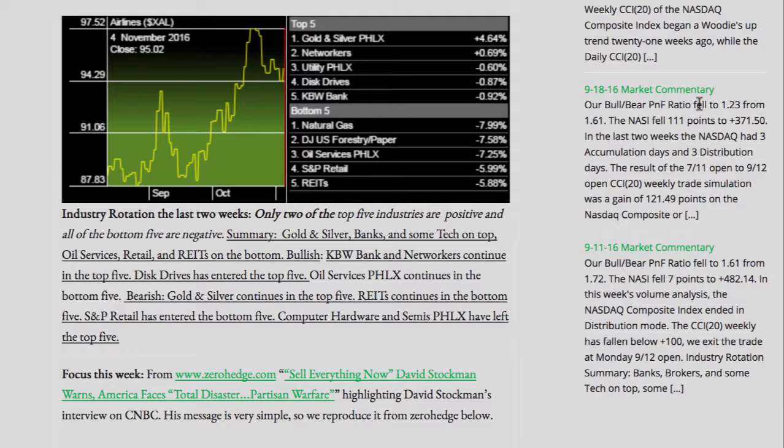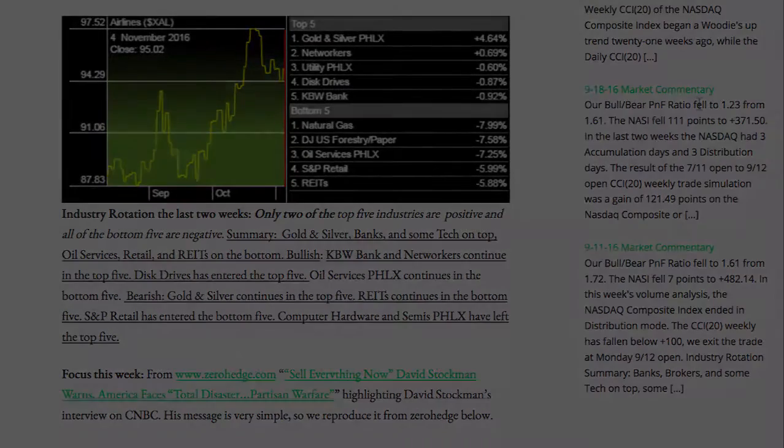Disk Drives has entered the top 5. Oil Services continues in the bottom 5. Bearish: Gold and Silver continues in the top 5. REITs continues in the bottom 5. S&P Retail has entered the bottom 5. Computer hardware and semis have left the top 5.